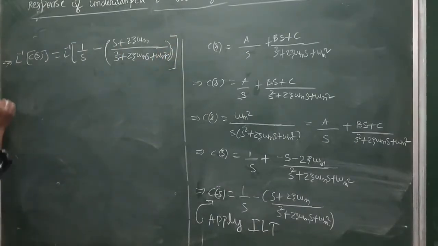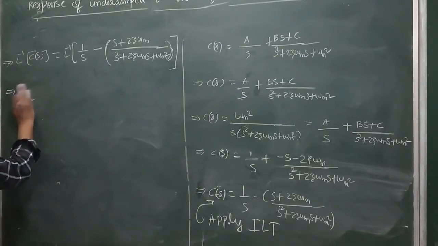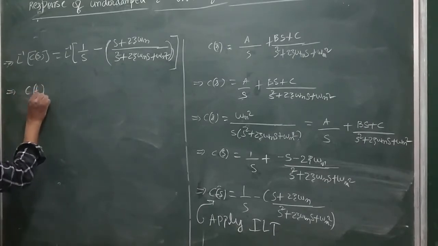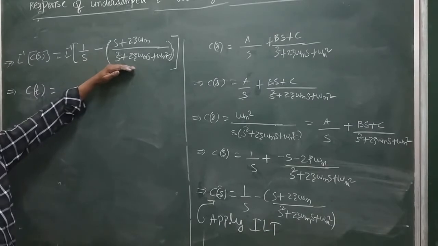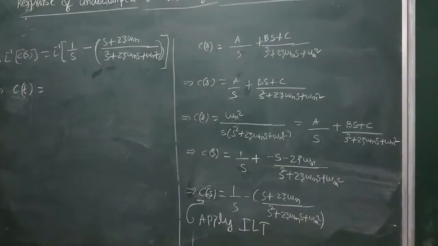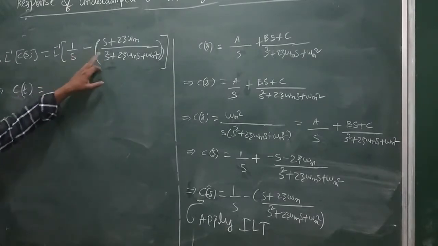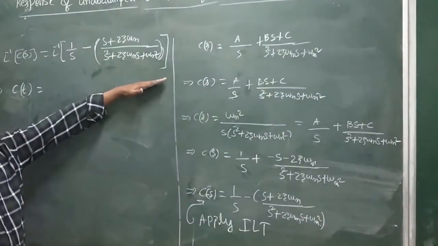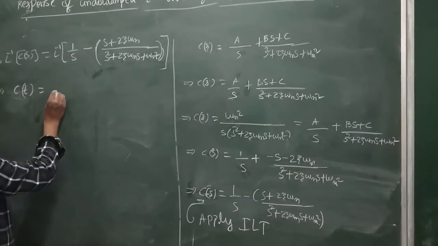So what is the L inverse of C of s? L inverse of C of s is equal to C of t. Now you have to do some mathematics here. So applying L inverse is difficult. So you have to bring it into formulas. So how will we bring the formulas?